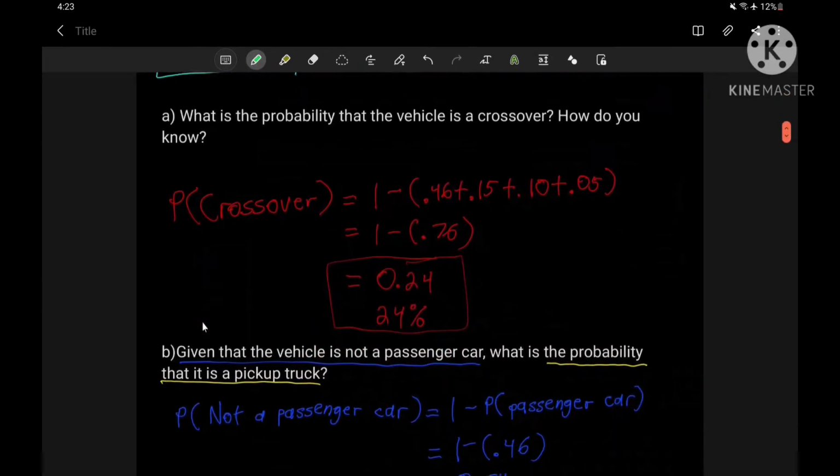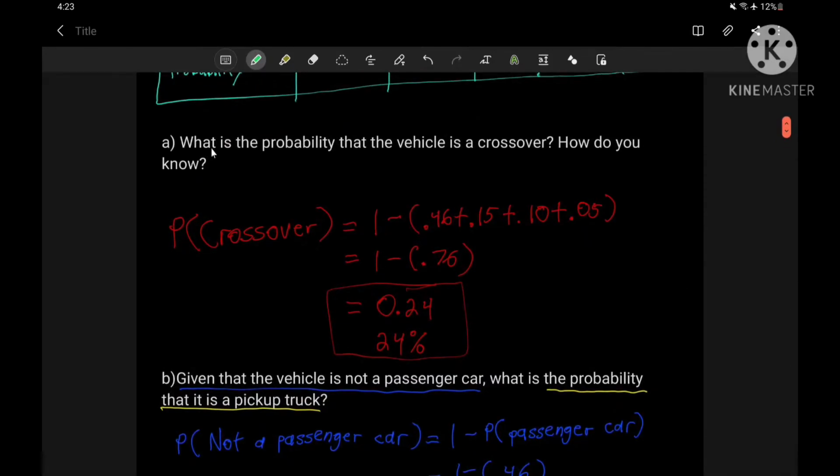Anyway, in part A, it's asking, what is the probability that the vehicle is a crossover? How do you know?